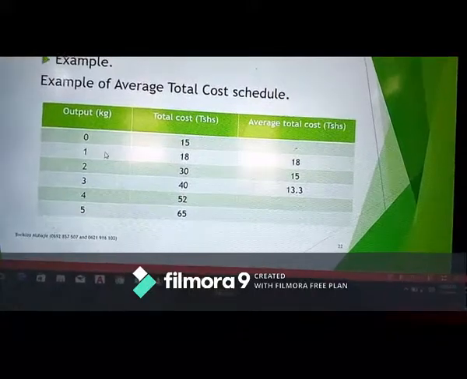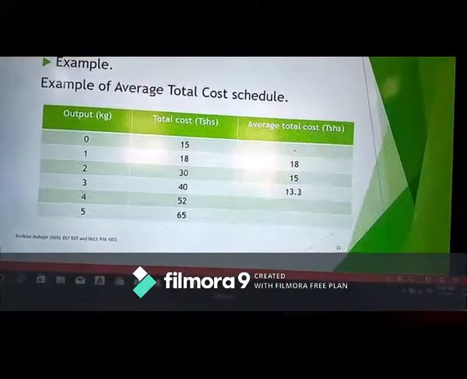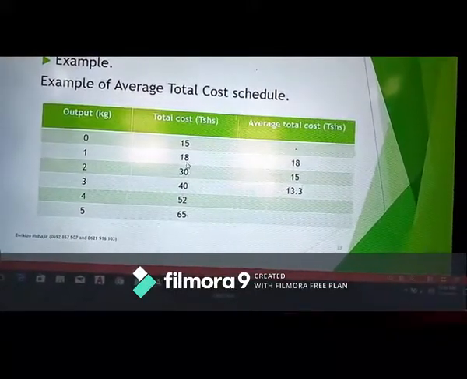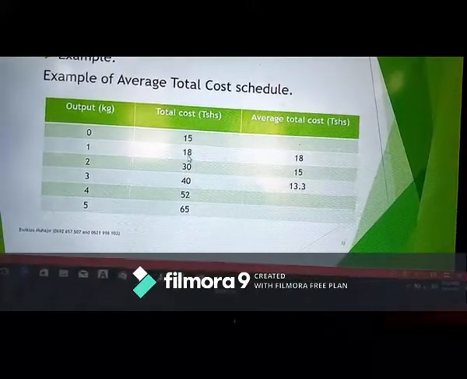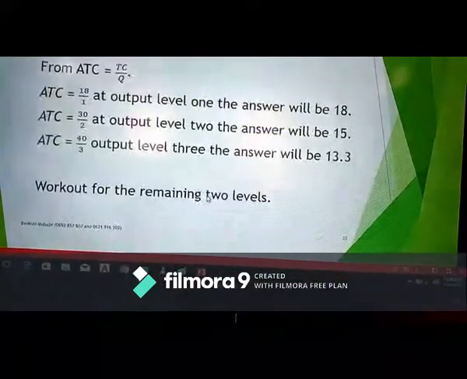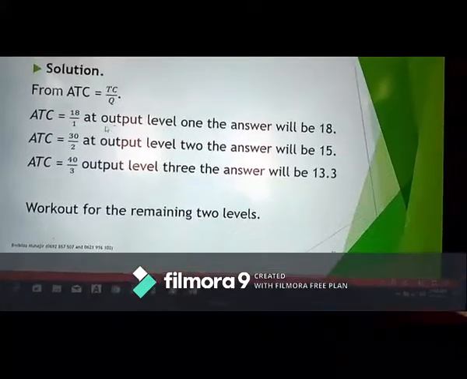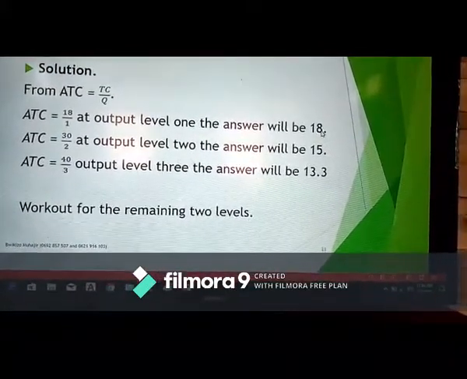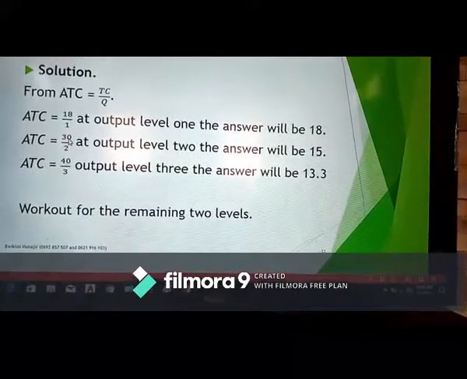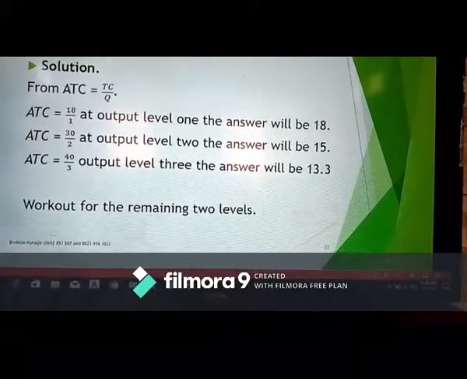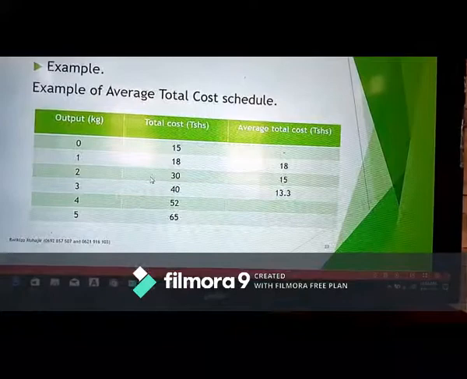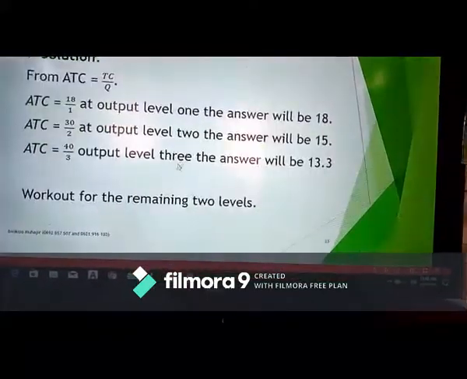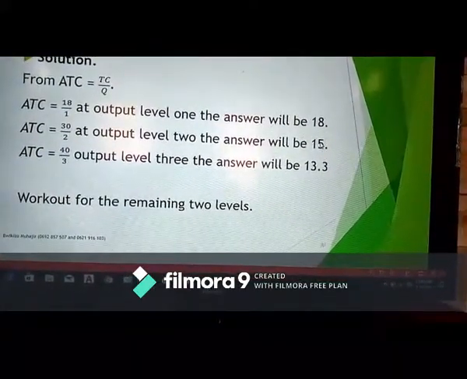But at 1 kilogram, with a total cost of 18, you take 18 over 1. As you can see, the answer will be 18 itself. Then when you take 30 over 2, our answer will be equal to 15.